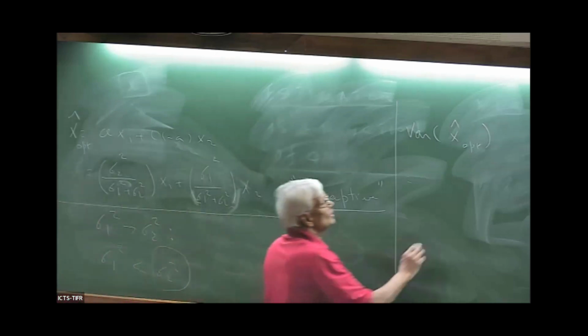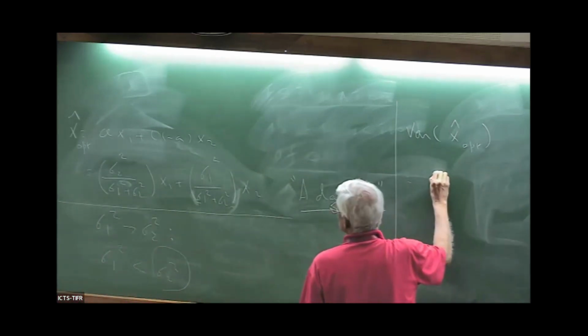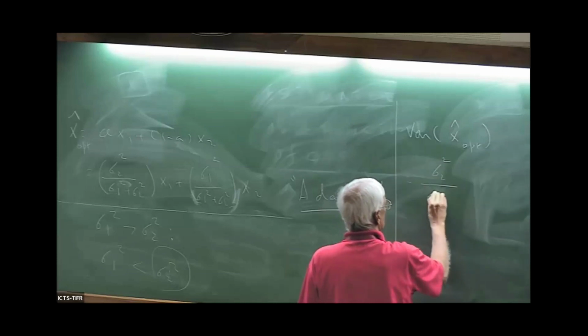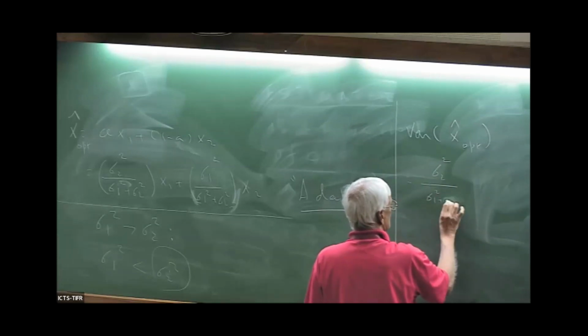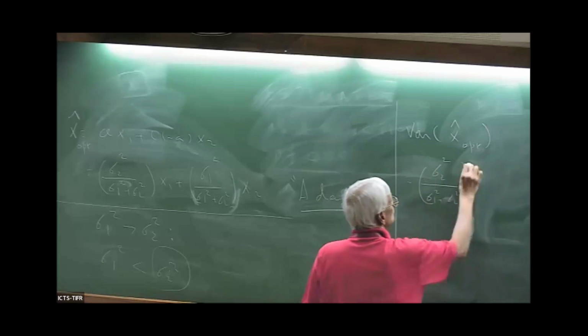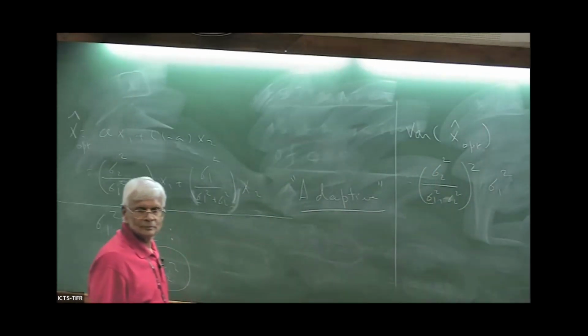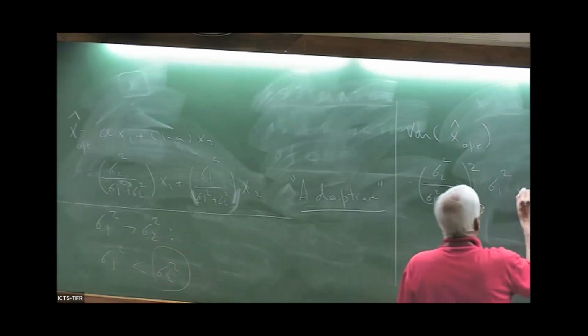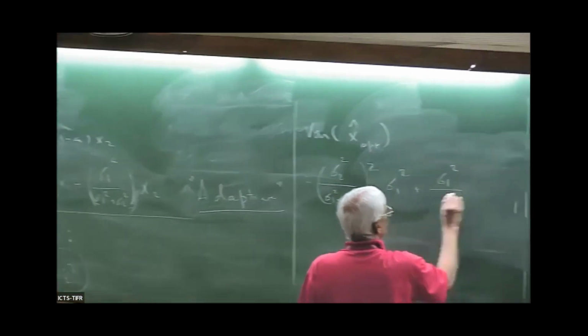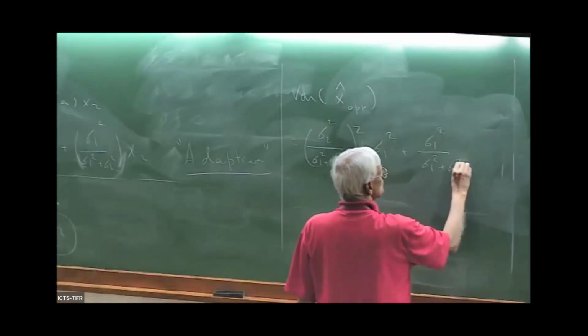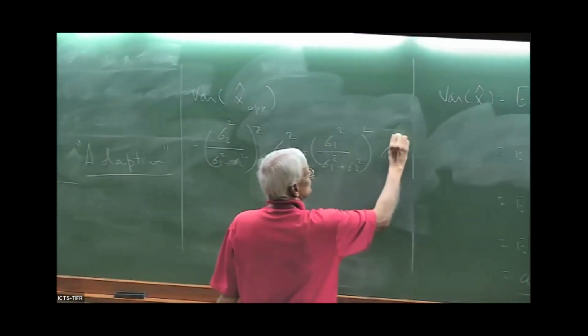Therefore, the variance of this is equal to sigma 2 square divided by sigma 1 square plus sigma 2 square, whole square, times sigma 1 square. Are you all with me? Plus sigma 1 square divided by sigma 1 square plus sigma 2 square, whole square, times sigma 2 square.